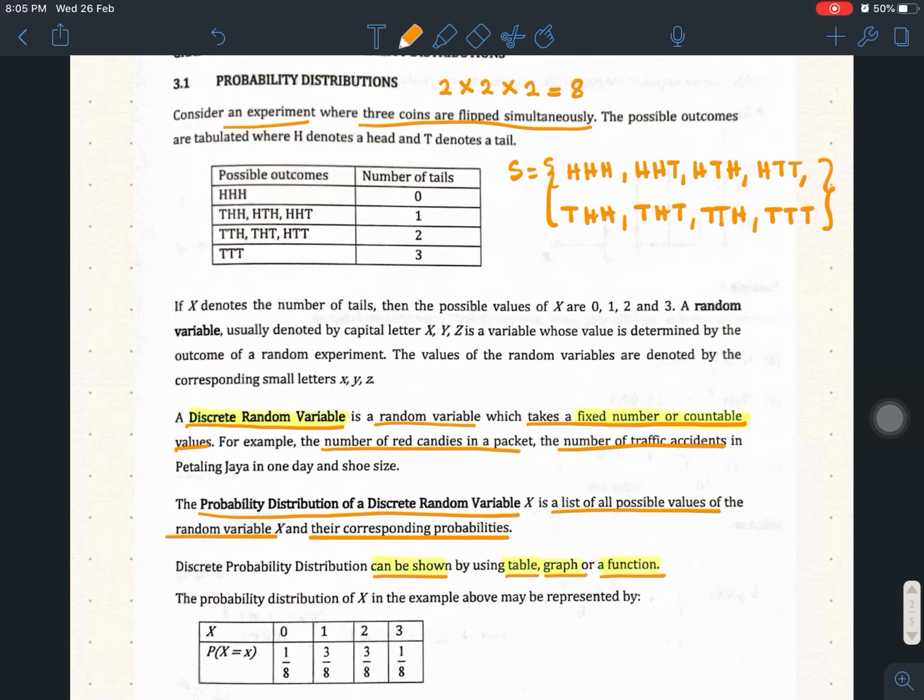Over here, they take the random variable. If X denotes the number of tails, it means this X is going to be your random variable.